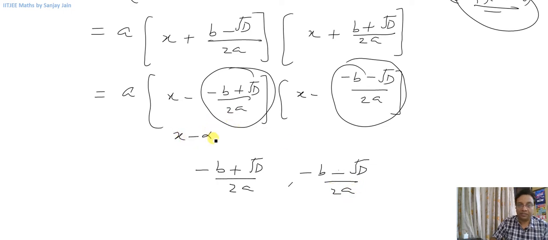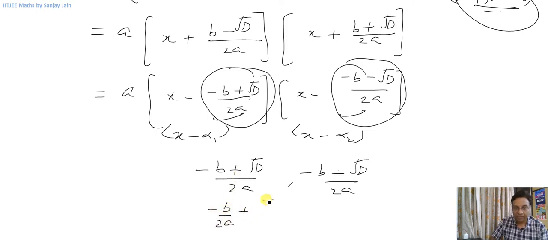Because if these are alpha 1, let us say this is alpha 2, so what are these? These are acting as zeros of this quadratic polynomial. And if you analyze these zeros, this is minus b by 2a plus root d by 2a, and this is minus b by 2a minus root d by 2a, right?